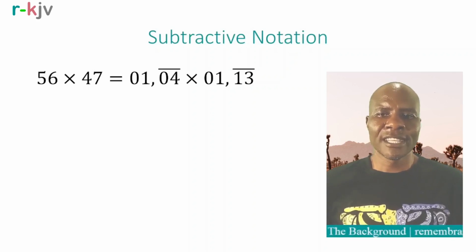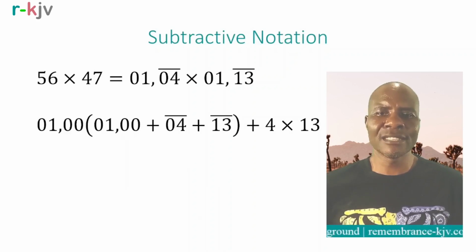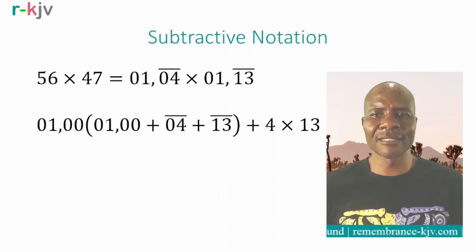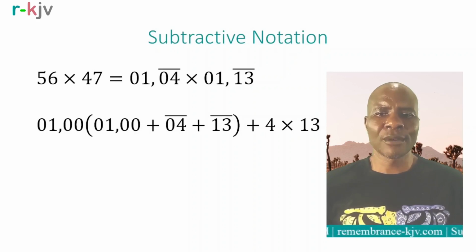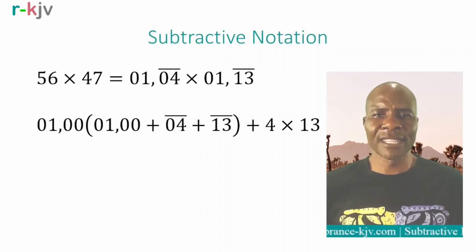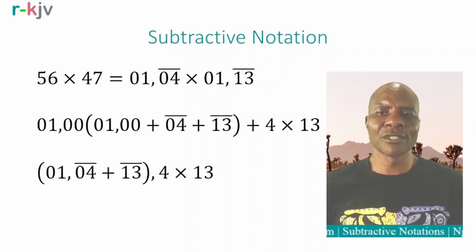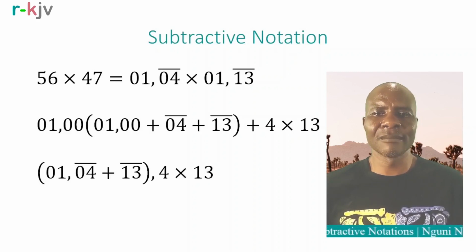The calculation is base 60 multiplied by the bracket of base 60 less 4 less 13, plus the product of 4 and 13. Using positional separator, this is the same as the bracket of the base less 4 less 13, positional separator, 4 times 13.